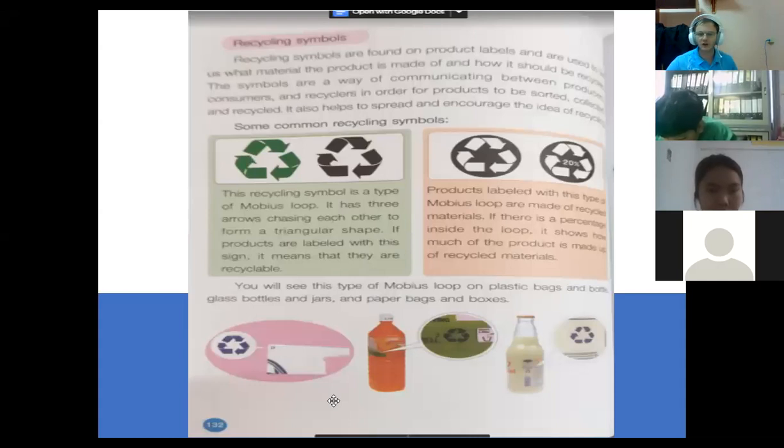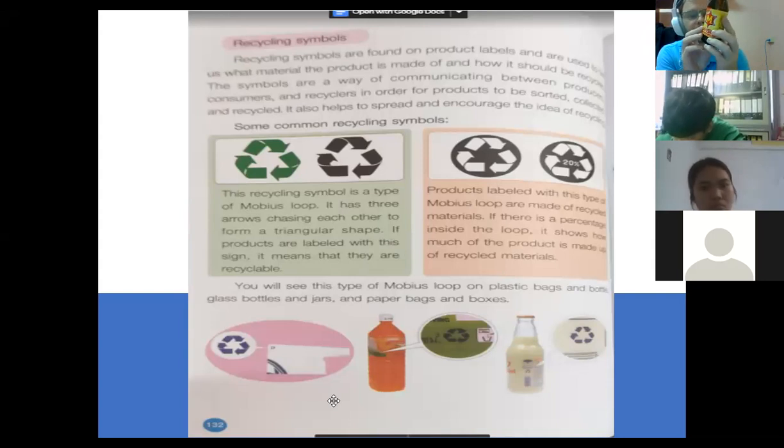So the next thing we also have to take care of when we want to recycle is to look at the recycling symbols. Now I have a soda water here, but I don't see any symbol on this glass. Usually they have a symbol like this.